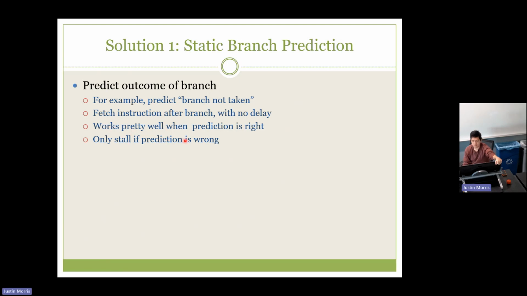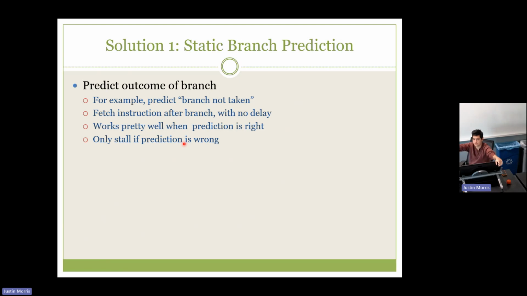But if our prediction is wrong, then those 3 instructions that we fetched, they're not the right instructions. We need to remove them from our pipeline and make sure that they don't edit our registers or memory. So to do that, we just flush them. And we've seen what this can look like. You just set all of the control signals to 0, then they won't do anything.